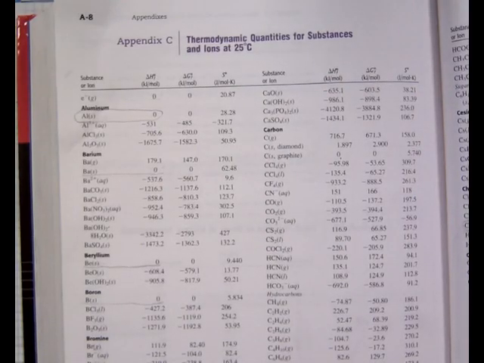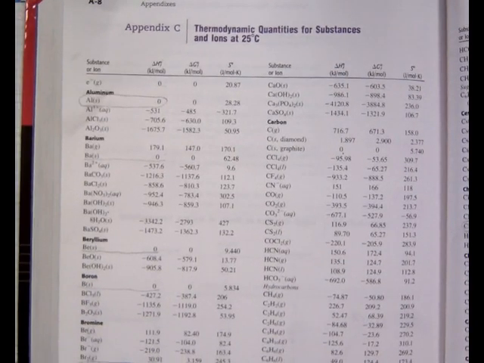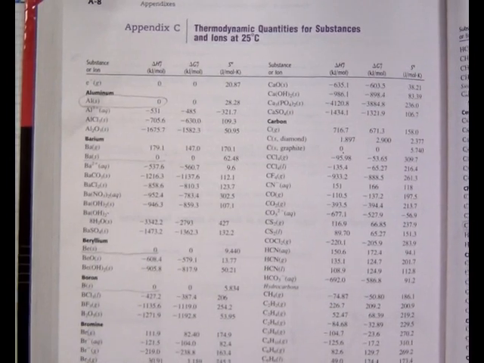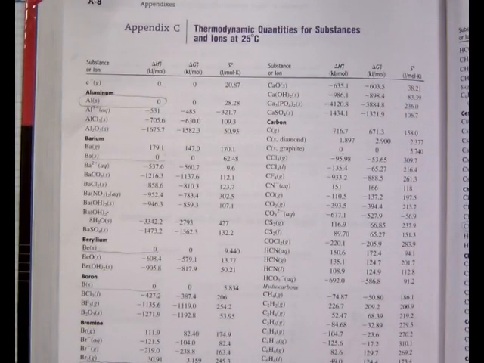This is a table of thermodynamic quantities. And let's see if I can get that focus a little better. Yeah, it looks a little better. But if you're writing a formula that contains beryllium oxide, it should be written in that form.